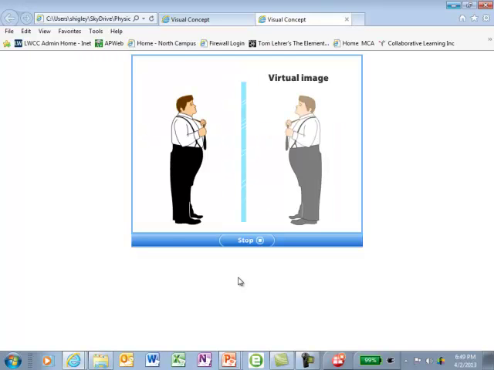Another kind of image is called a virtual image. You are seeing a virtual image anytime you look in the mirror. Unlike real images, virtual images cannot be projected onto a screen. The law of reflection allows you to predict how light rays will travel when they reflect from a mirror. Light rays from here will change direction when they strike the mirror.